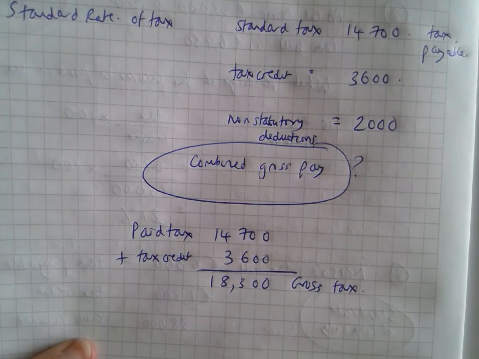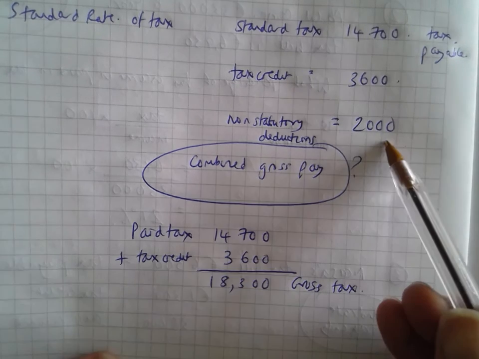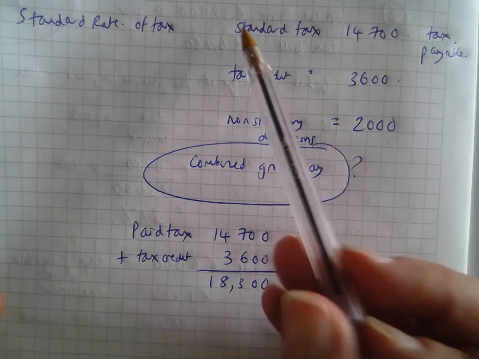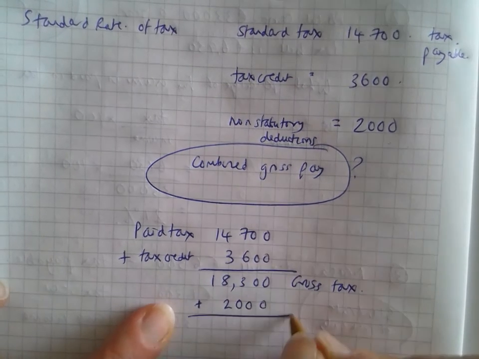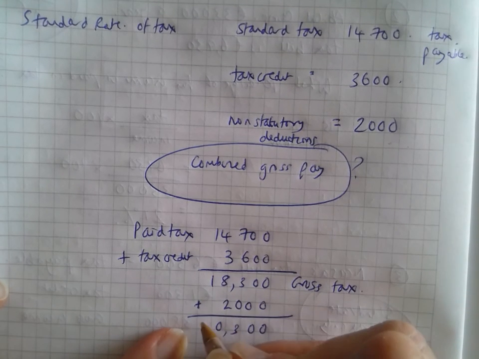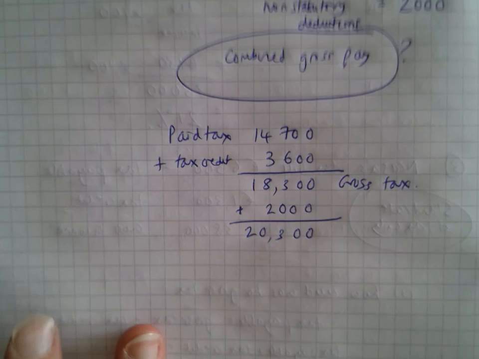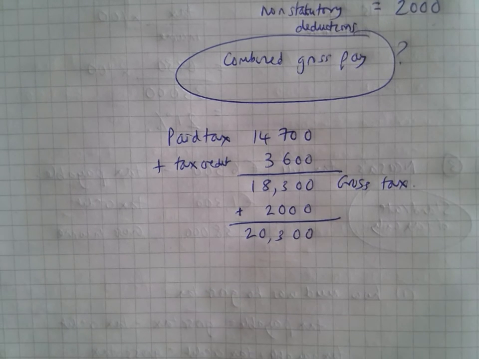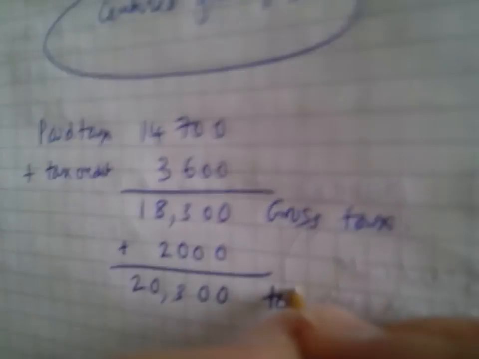Their non-statutory deductions were also taken off. So that was another 2,000 that should have gone back on. So 20,300 was the amount that they gave to the government or to their union or whatever. That's the total amount of their deductions.